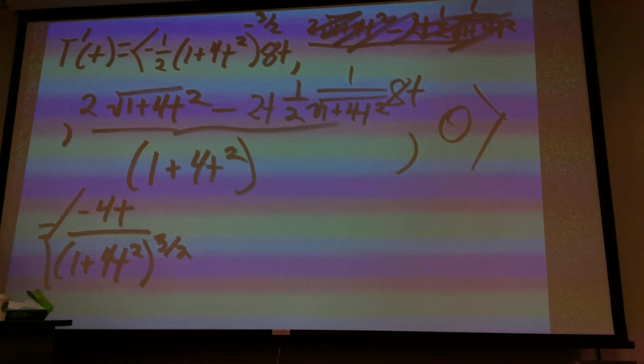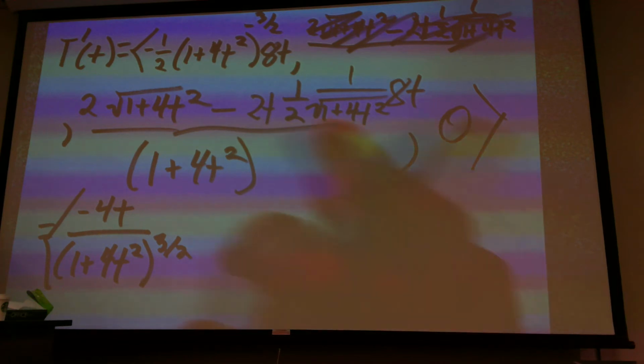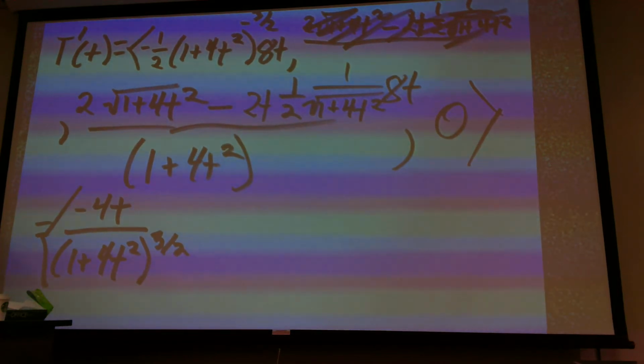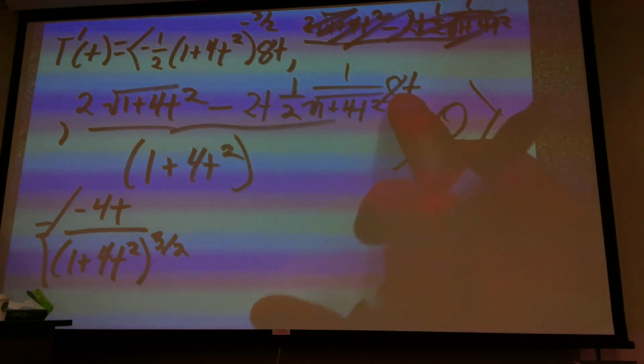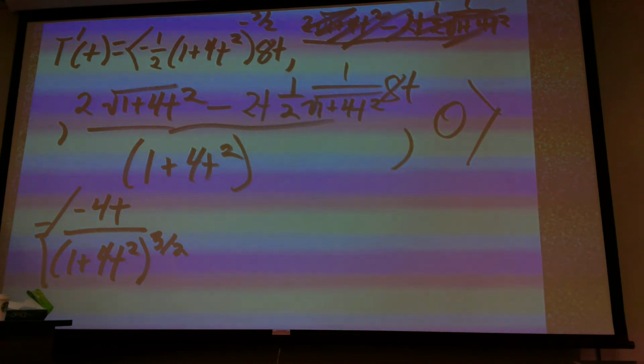Let's see what this next one looks like. So 2 divided by 2, they cancel each other out, and so t times 4t would give us 8t squared.